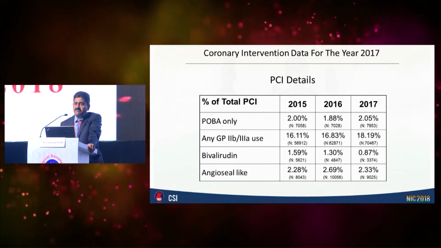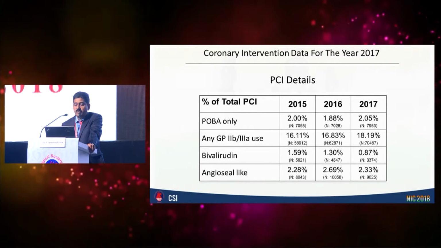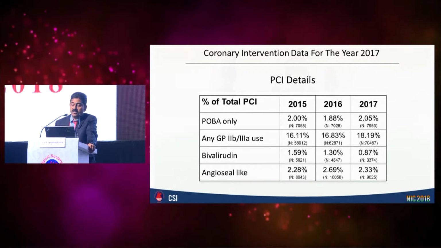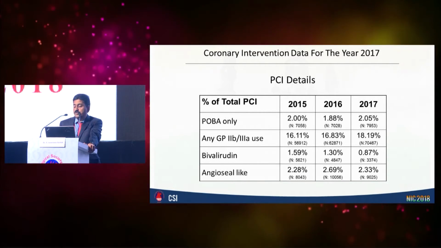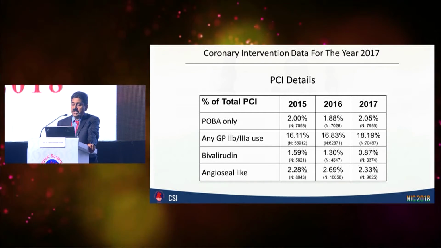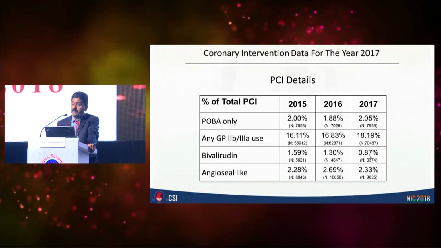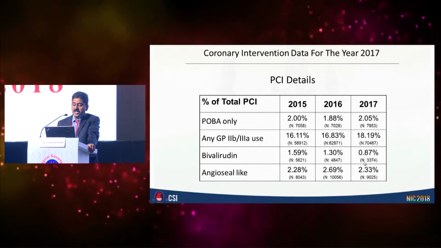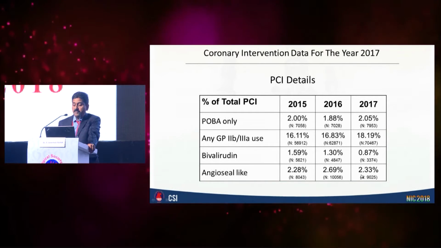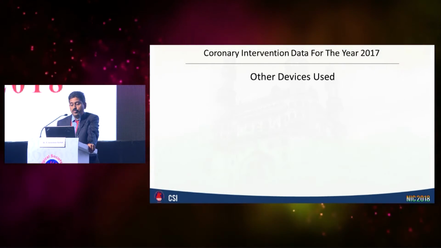POBA only, we feel it is less common, and in some small vessels I think it is being used, 2%. And GP2b/3a receptor blocker usage, though we thought it should go down further, but probably in the periphery where there's more thrombus load, still about 18% of patients, it is still being used. Vivalodin did not pick up. Angioseals, with less usage and more usage of radial, is probably around 2%.